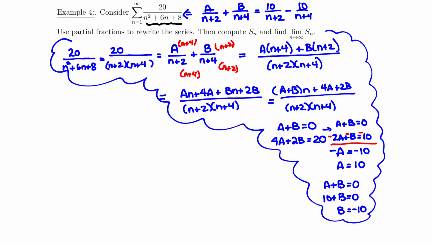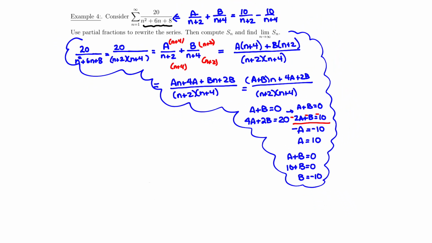And so what I'm really doing is I am looking at the infinite summation, n equals 1 to infinity of 10 over n plus 2 minus 10 over n plus 4. And now I'm good because remember, our goal is to do a telescoping series.